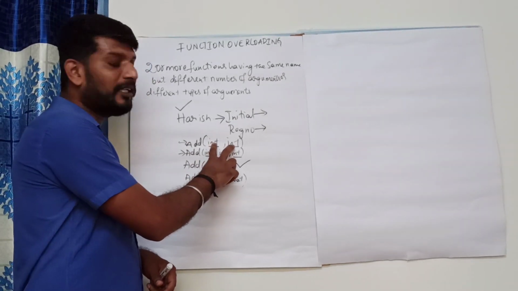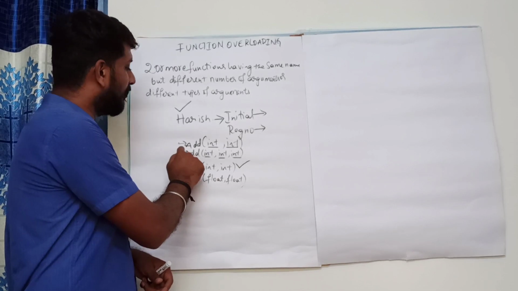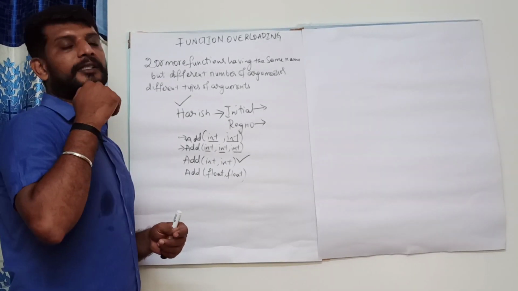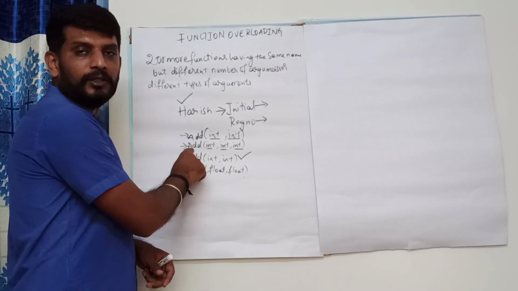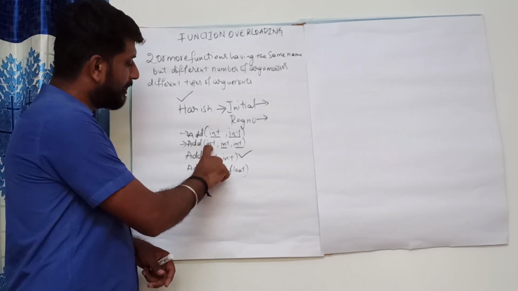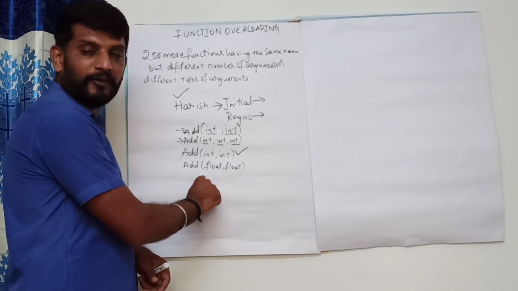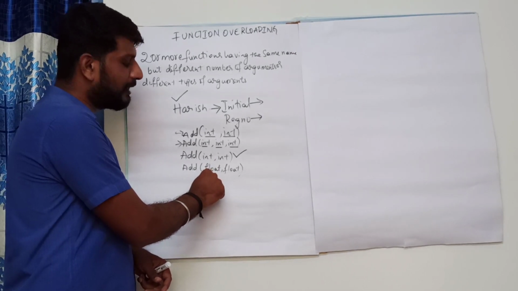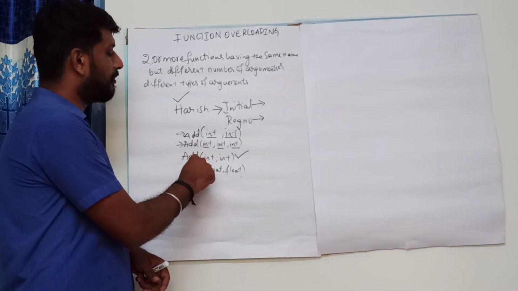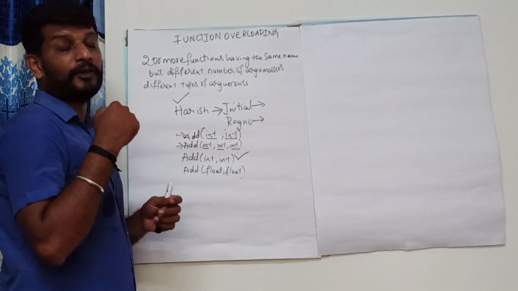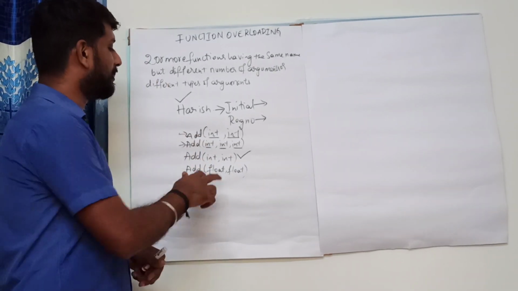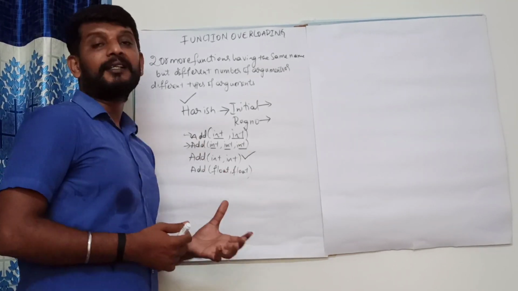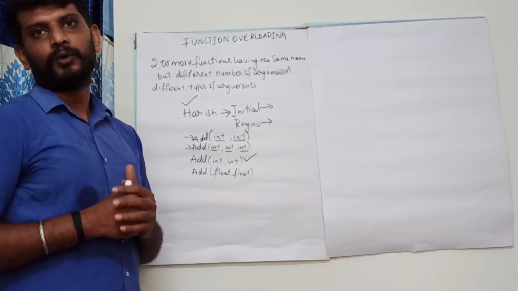If you are giving two integer values, this function gets executed. If you are giving three integer values, it will execute this particular function. If you are giving decimal values, the compiler will execute this particular code. So this is the basic ideology of function overloading.